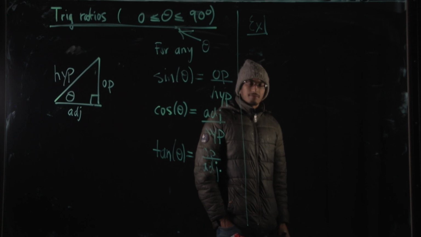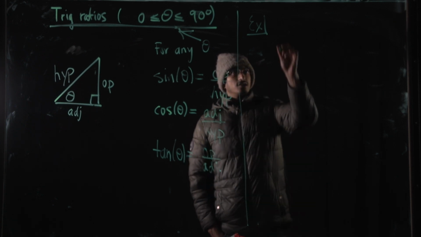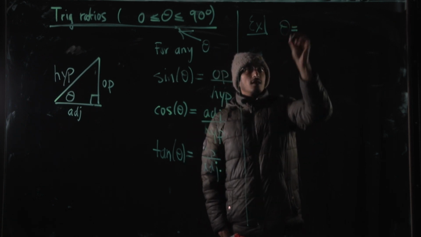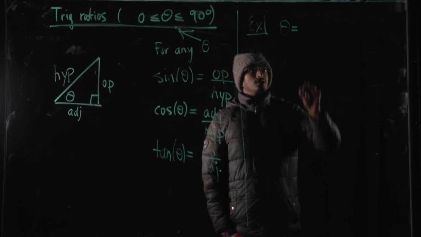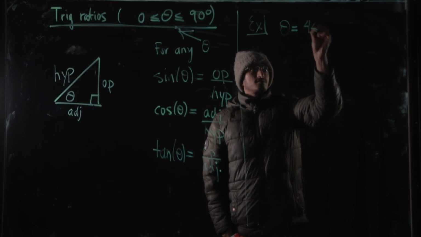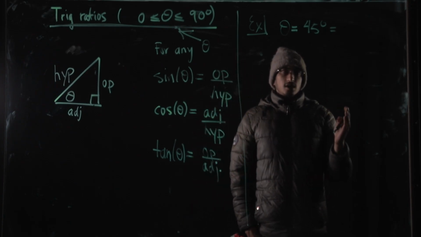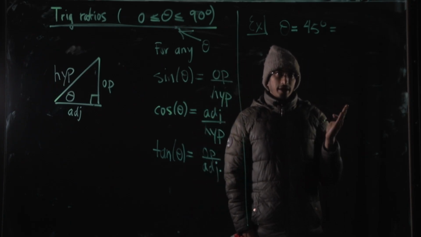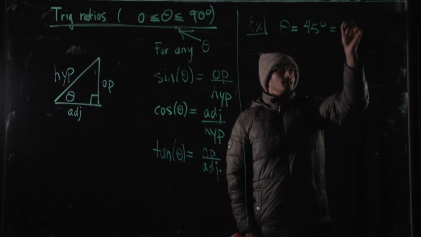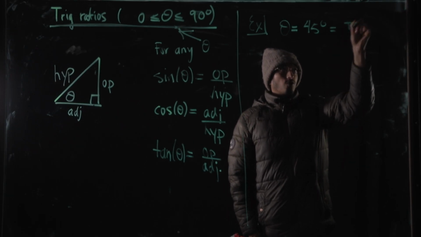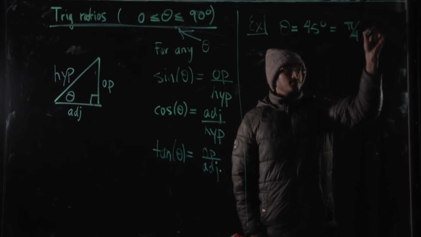So let's look at the example where theta equals 45 degrees. Or in radians, this is 1/8 of a circle. So that's pi over 4 radians.